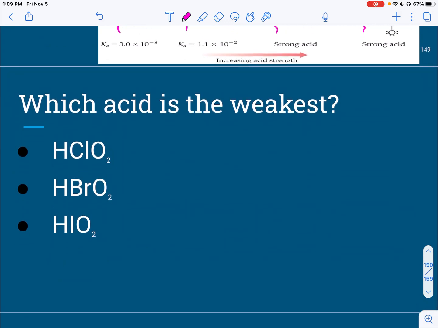So let's do another type of question. This one says, which acid is the weakest? This is the same number of oxygens, but a different central atom. So for this one, what you can look at is the electronegativity of the elements.